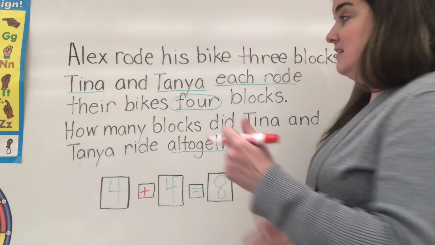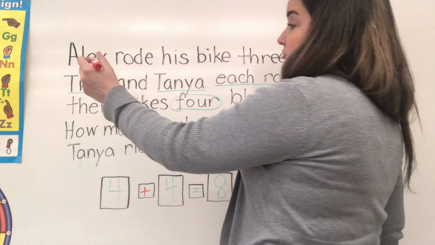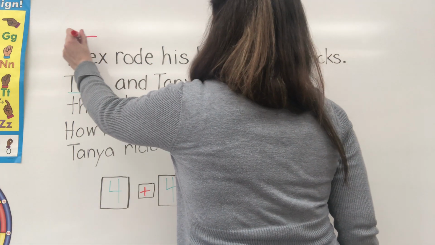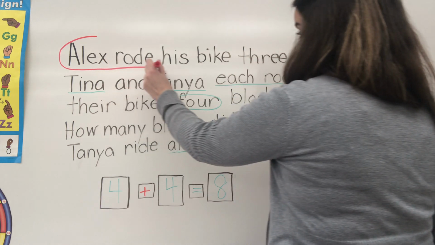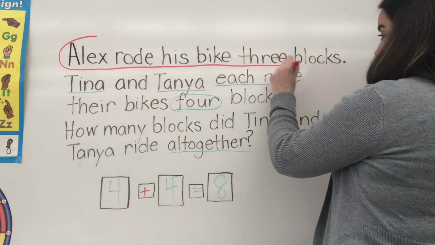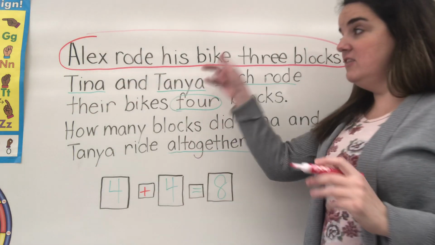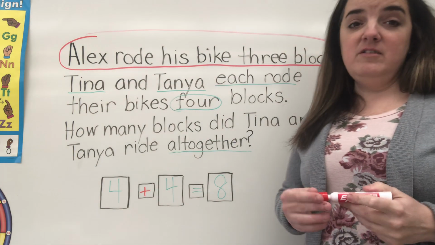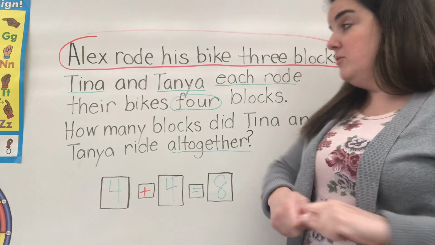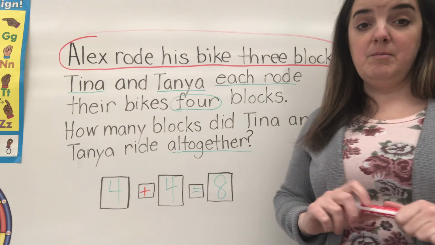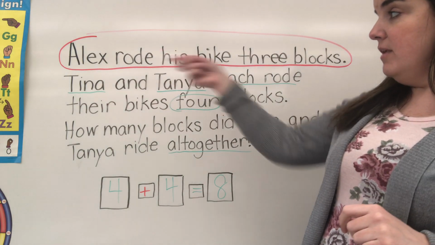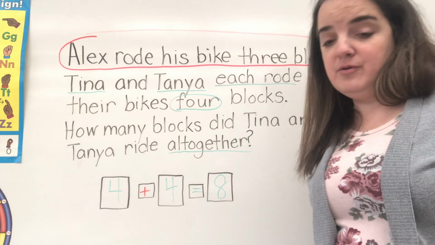It was Alex. So the extra part to our story problem is Alex. So I'm going to circle Alex rode his bike 3 blocks, because that is just an extra part. It wasn't necessarily needed, but it was just added into the story problem. So that's what you need to circle in your story problem.